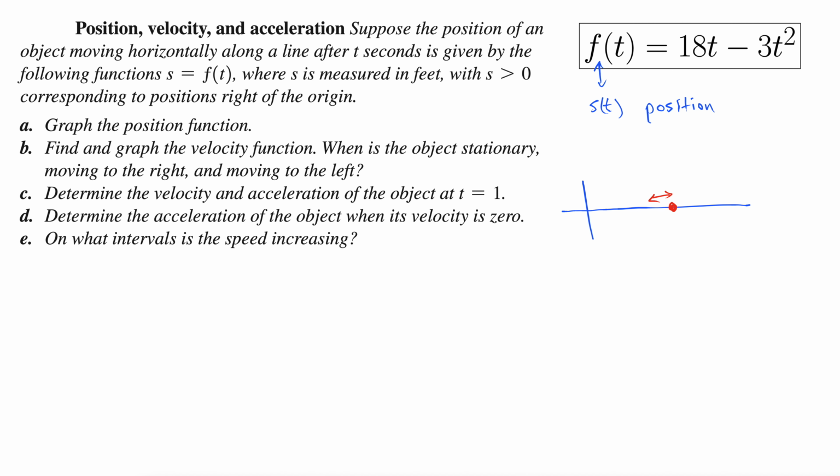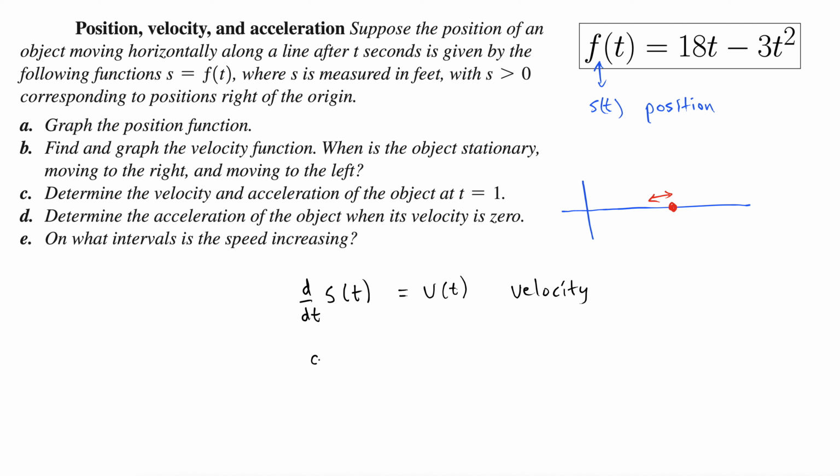The important thing to note here is that you have the position, s of t. Well, the derivative of the position is velocity. We'll call v of t velocity, aka speed, essentially.